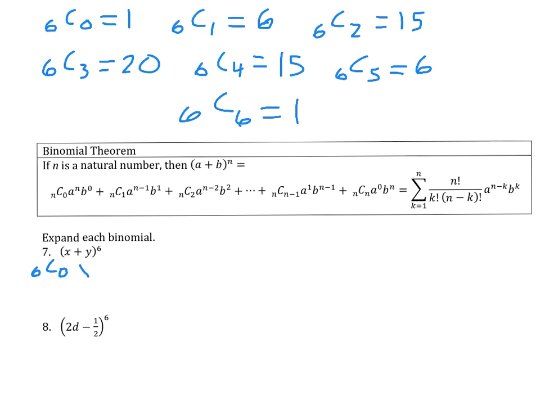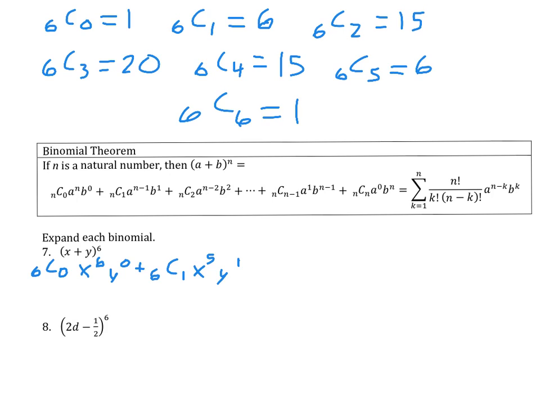Okay, then we take x. X has replaced a. X is just what's in the first spot. X to the 6th, y to the 0. This stays 6, 6C1, x to the 5th, y to the 1st.